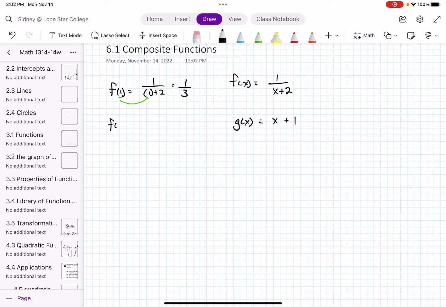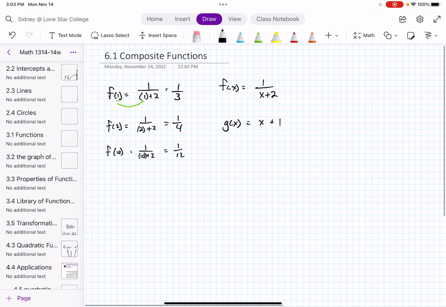I could find f of 2. I could plug in 2 for x. I could plug in 10 for x, f of 10, and that'd be 1 over 10 plus 2, or 1/12. I could plug in negative numbers, positive numbers, but I could also plug in things like negative x.